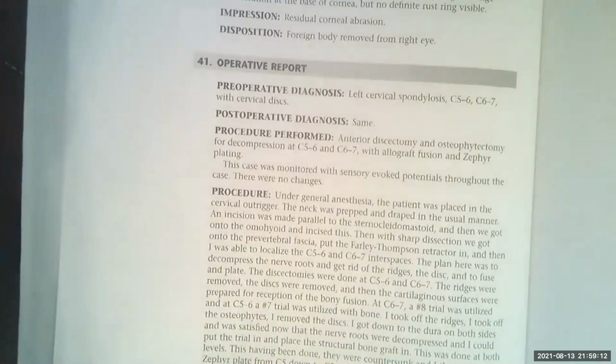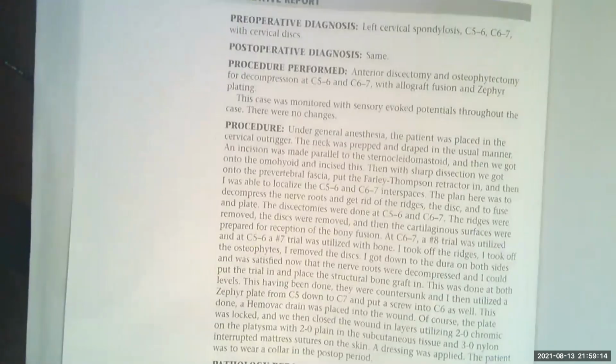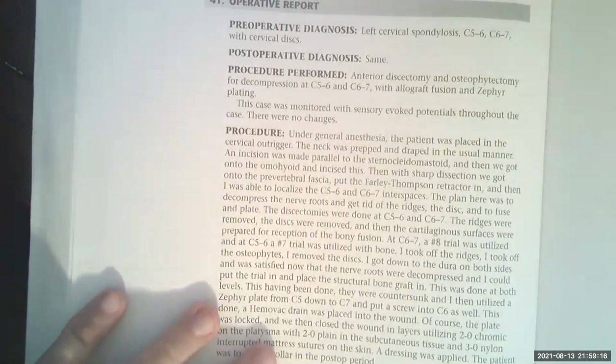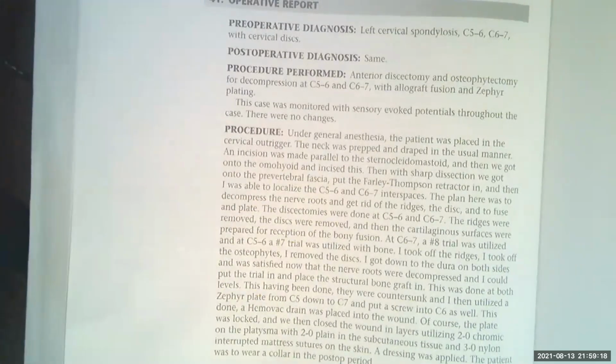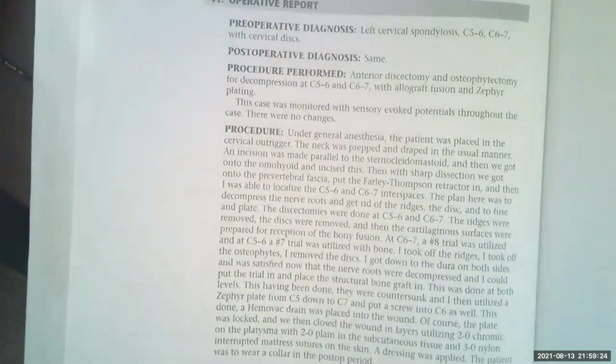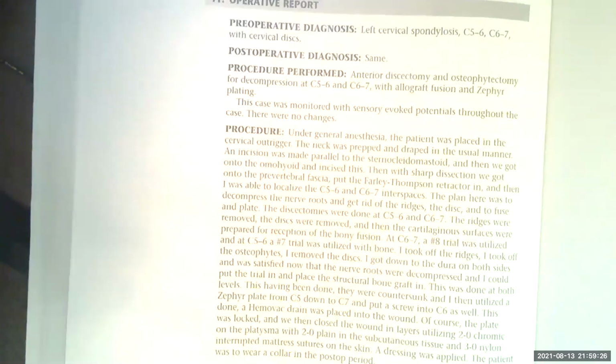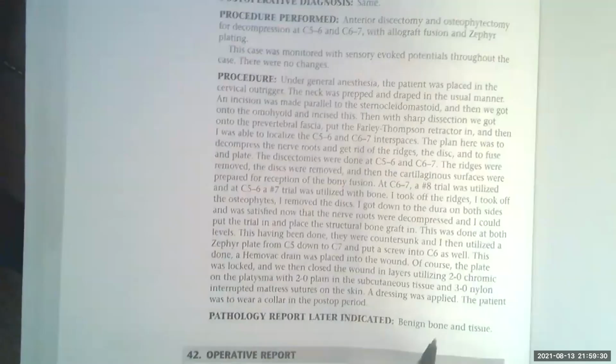Okay, so this is the actual operative report, and you can see there's a whole bunch of stuff going on here. Lots of issues. This seems very, very complicated. So we'll definitely read through all of this. I'm not going to do this now with you because that might bore you. Here's the procedure that's performed.